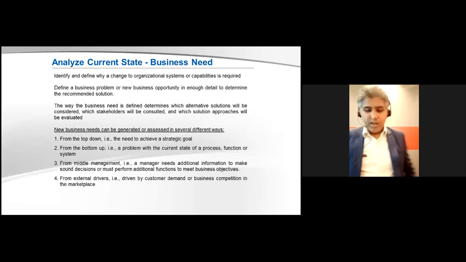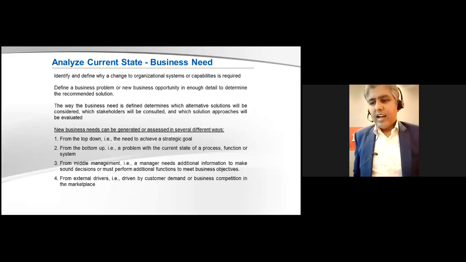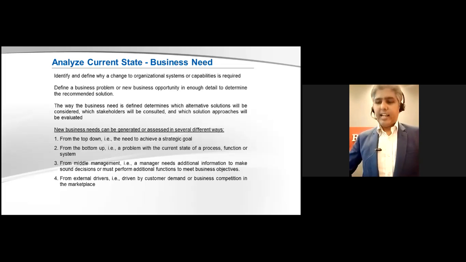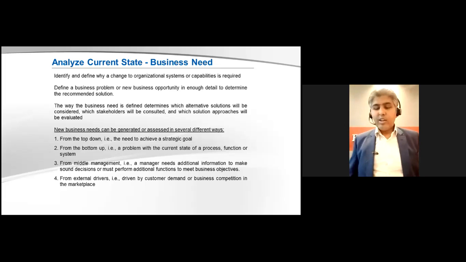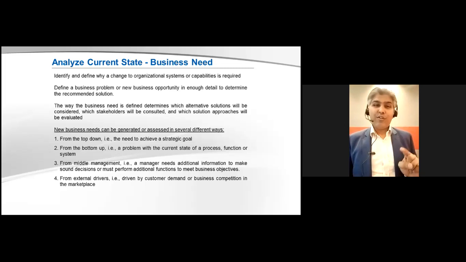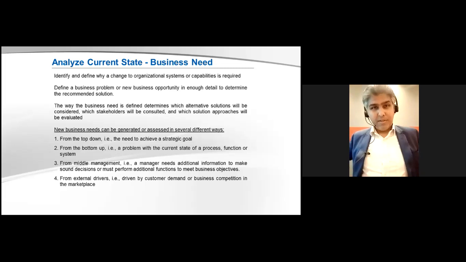So we were discussing analyze the current state, which is the first task in the Business Analysis Body of Knowledge for the knowledge area strategic analysis. We analyze the current state to understand the organization's current capabilities, what the organization currently has, which could consist of its organization structure or the specific problem that we are facing.